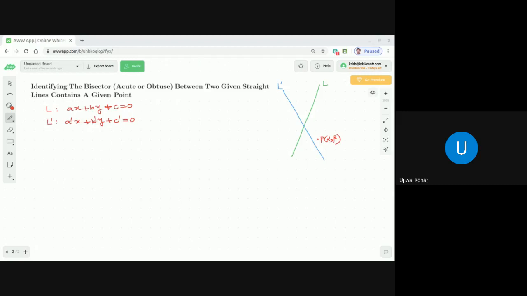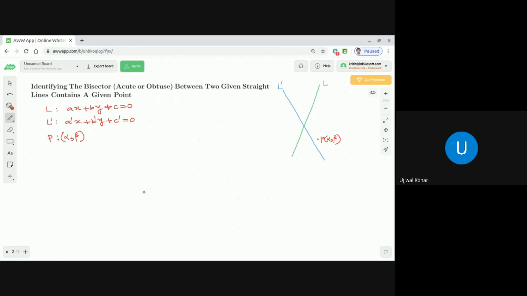Okay, and the point is also given. Let me tell you that the coordinates of the point P are alpha comma beta. What is our task? Our task is to identify the bisector, acute or obtuse, meaning identifying the acute angle bisector or obtuse angle bisector between these two given straight lines L and L dash that contains the given point P. How to do this?